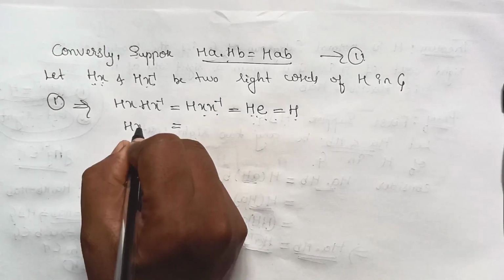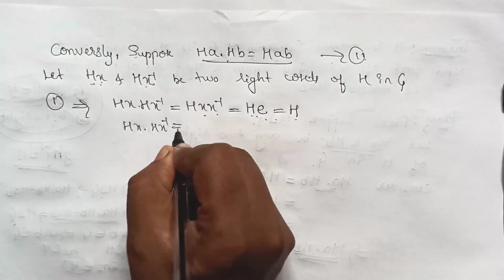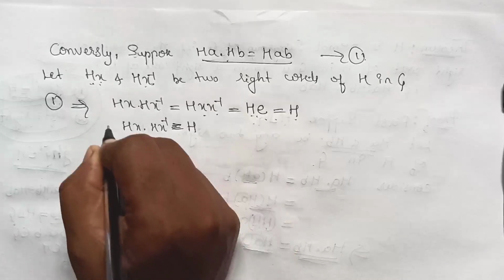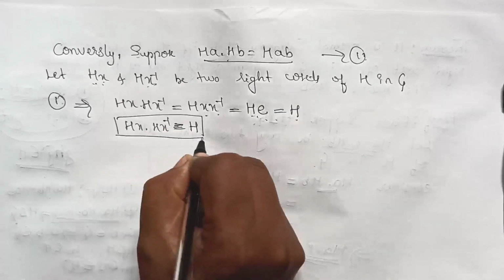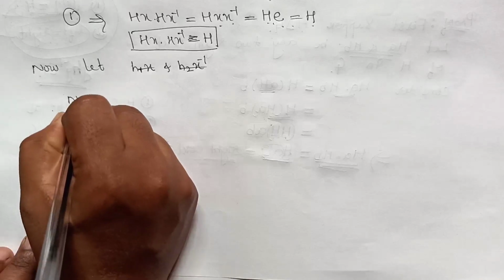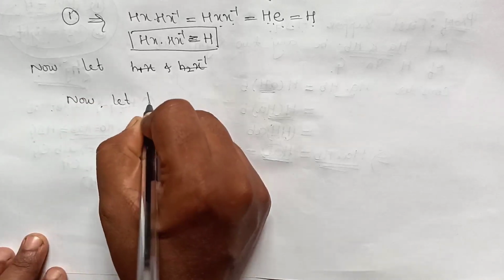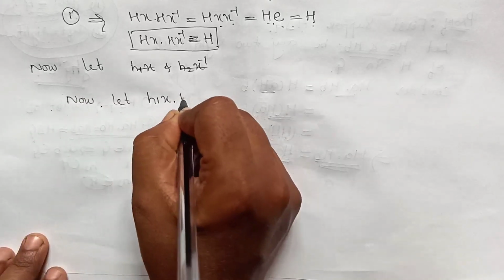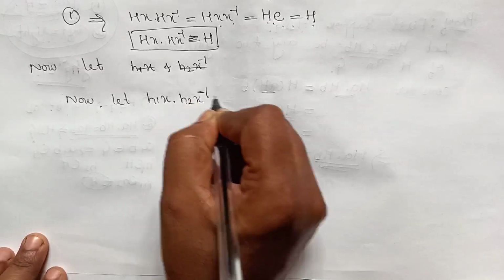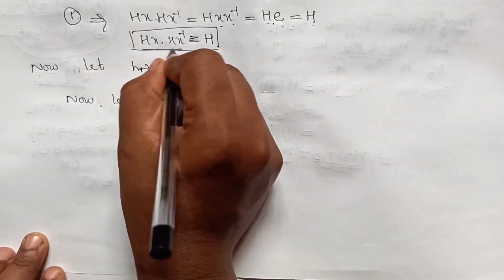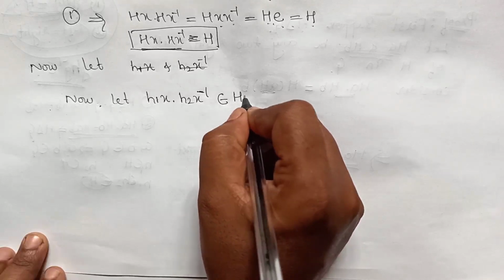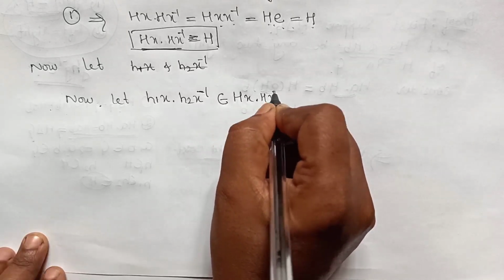Now let H1x dot H2x inverse belong to this set Hx dot Hx inverse.